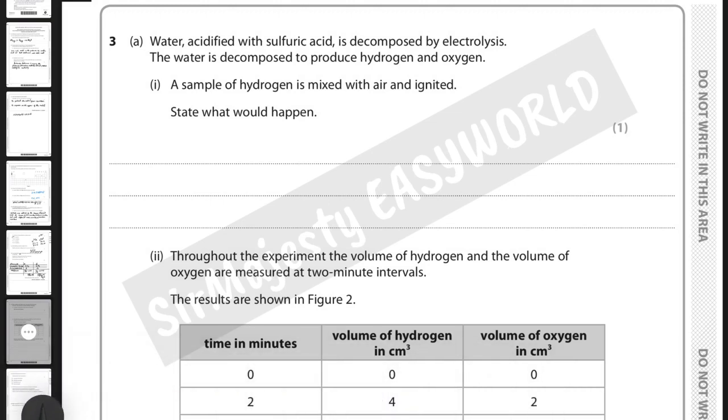The mixture of hydrogen and air burns explosively, that is, it burns with a pop sound. So state what will happen. You say it will burn with a pop sound.